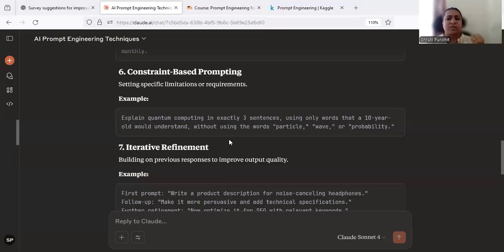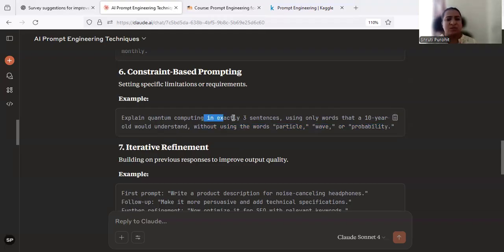Such kinds of restrictions we can add, and that is nothing but constraint-based prompting. For example, explain quantum computing in exactly 3 sentences. This is the condition, 3 sentences, using words that a 10-year-old would understand. This is another constraint we have applied: without using the words particle, wave, and probability, because they don't understand these things.